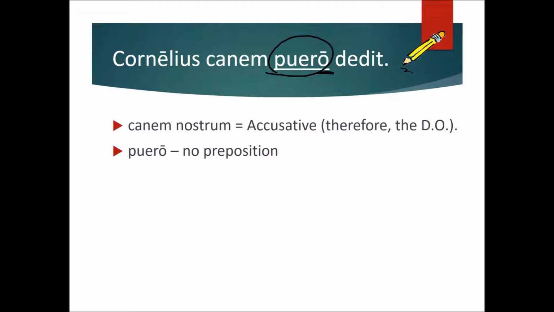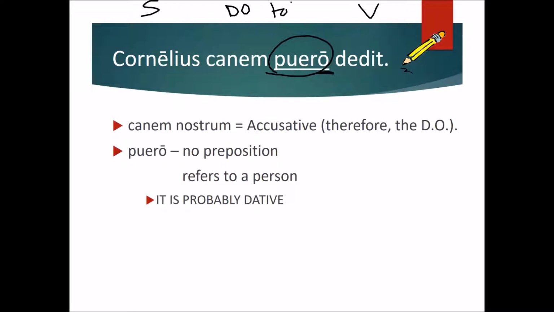And if we ask, is puero referring to a person? The answer is yes, which means that this is most likely to be a dative, and our subject, Cornelius, is going to be verbing our direct object to or for the boy. So Cornelius gave a dog to the boy.